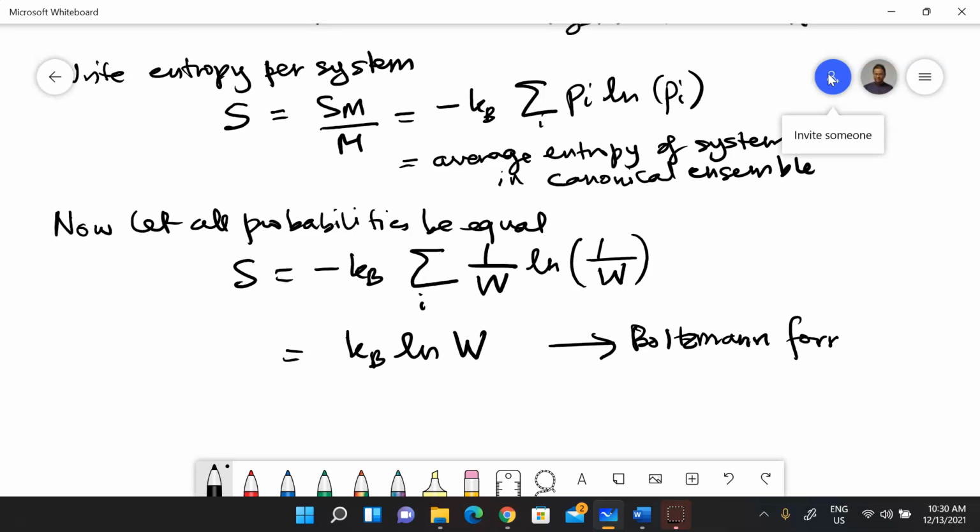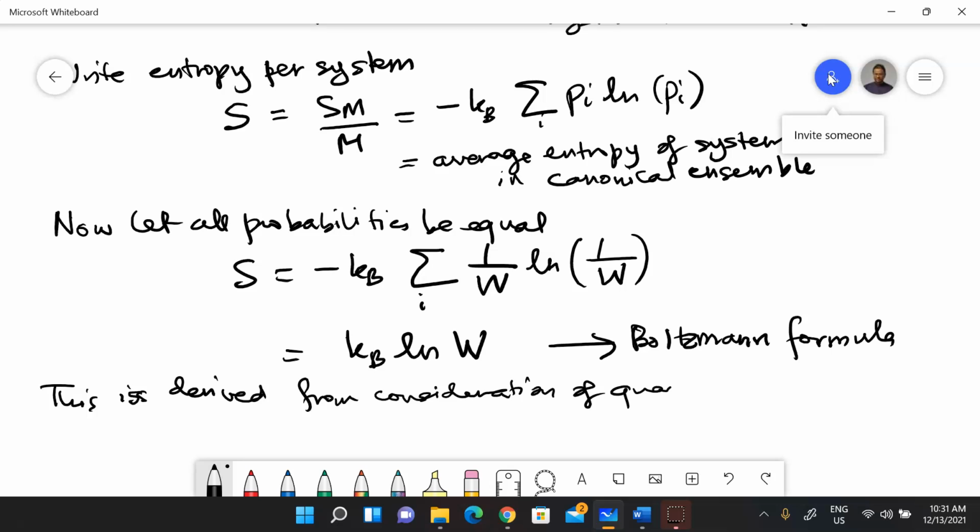So it's encouraging that in this particular limit where you have equal probabilities, you get back to what Boltzmann started out with. But remember that this is derived from consideration of quantum states, but with classical probability, that means equal probability.